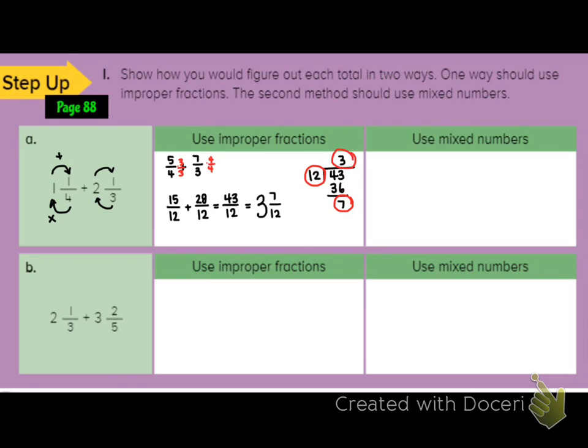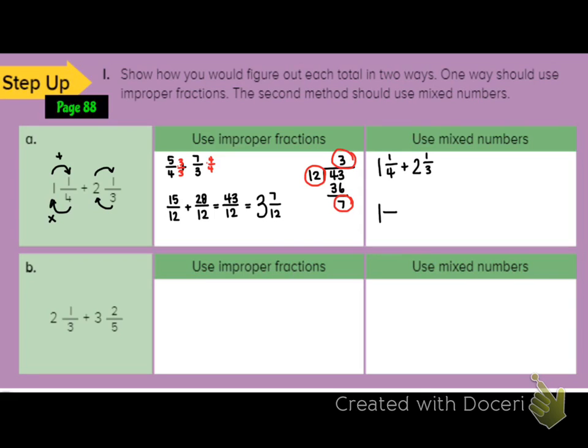Now what you're going to find when you solve the problem using mixed numbers is you have to end up with the exact same answer. So if you have 1 1/4 plus 2 1/3, you are going to find a common denominator, keeping it mixed numbers.